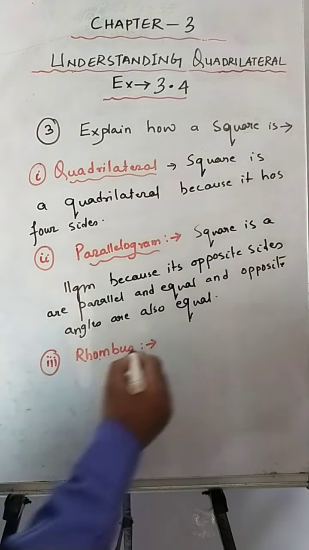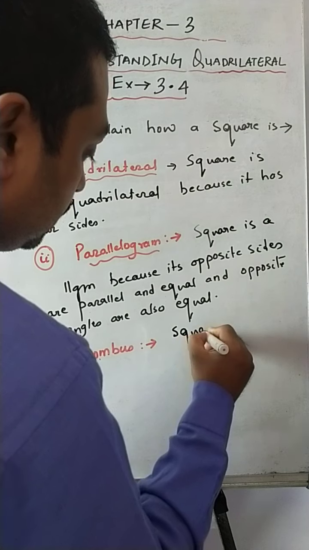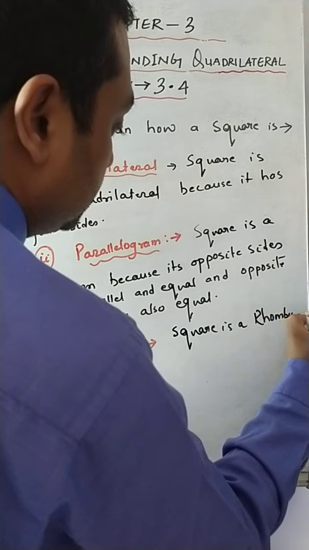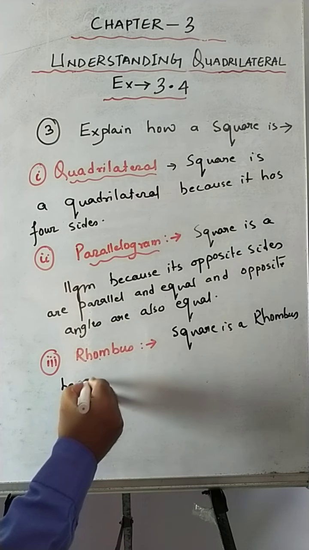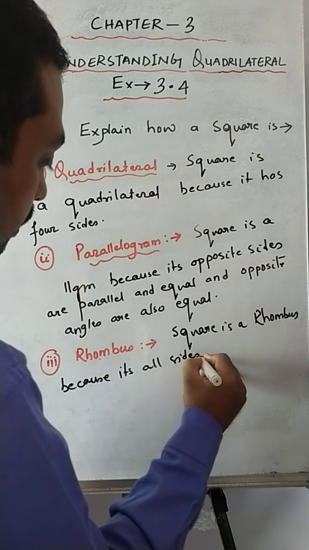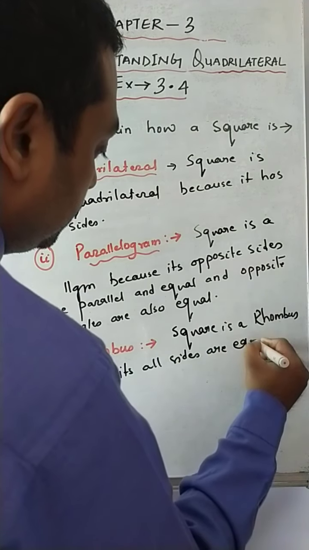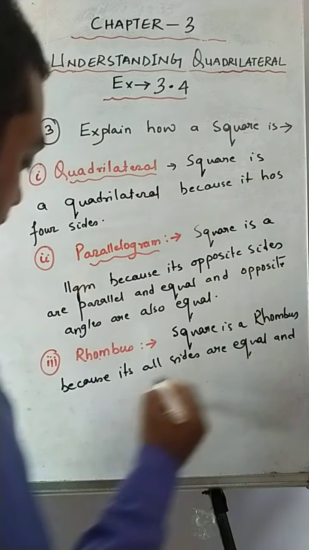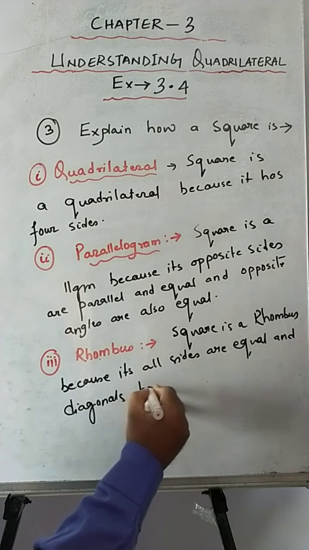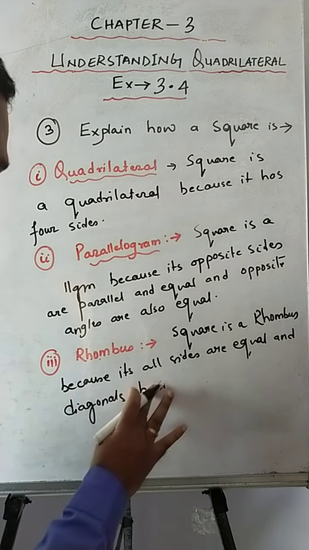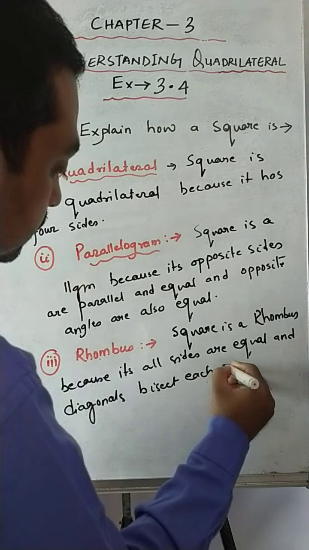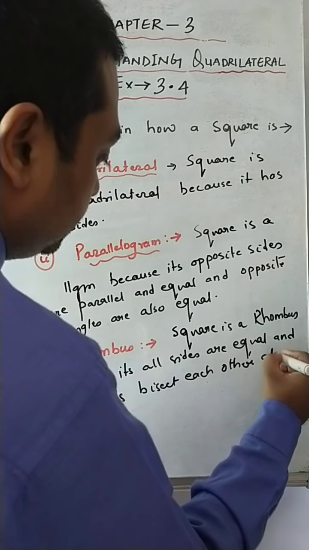We say square is a rhombus because all its sides are equal and its diagonals bisect each other at right angle.